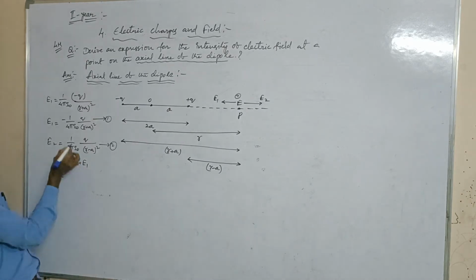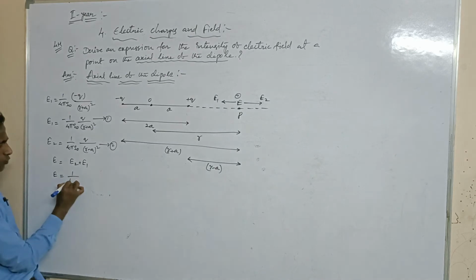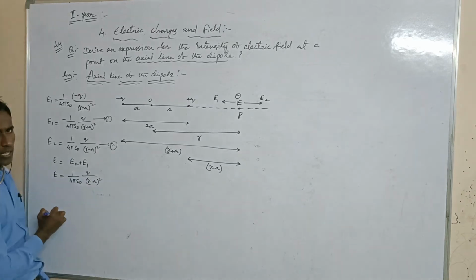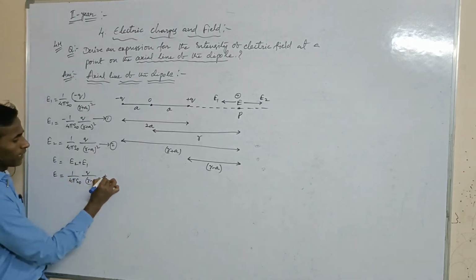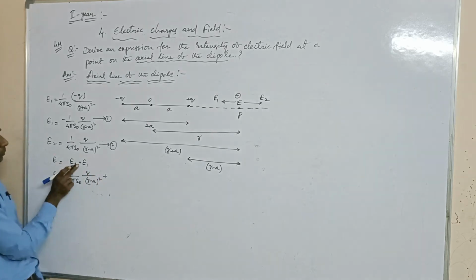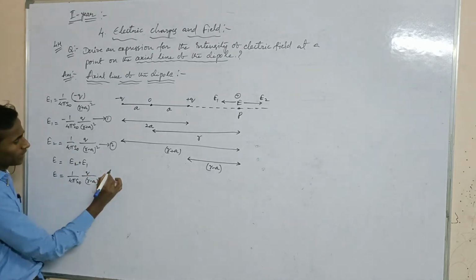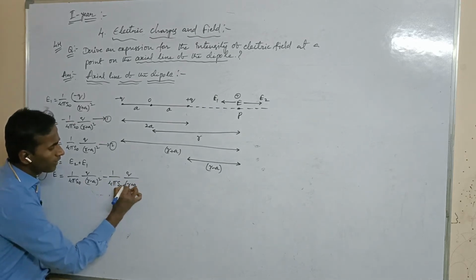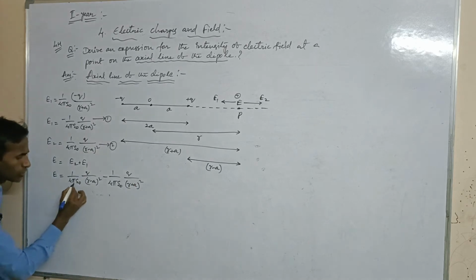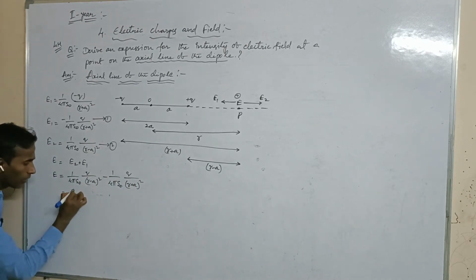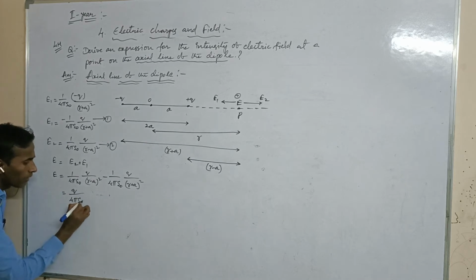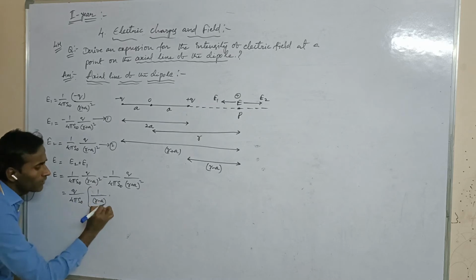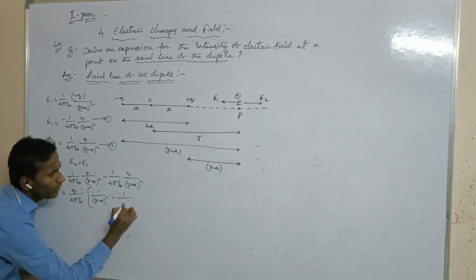Now E is equal to E2 value, 1 by 4 pi epsilon naught Q by R minus A whole square, again plus, and E1 value is minus 1 by 4 pi epsilon naught Q by R plus A whole square. Then take out the common Q by 4 pi epsilon naught. Now the remaining values are 1 by R minus A whole square minus 1 by R plus A whole square.